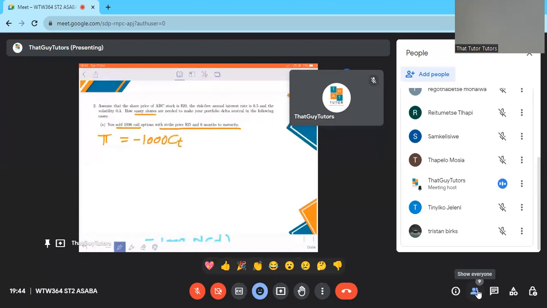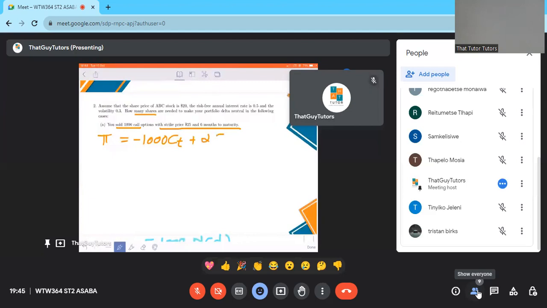So the alpha counts how many shares you need, right? If this is the case, you want to make this portfolio delta neutral. So you want the derivative with respect to S_t of your portfolio to be equal to 0, right? You don't want it to be sensitive to the share price.